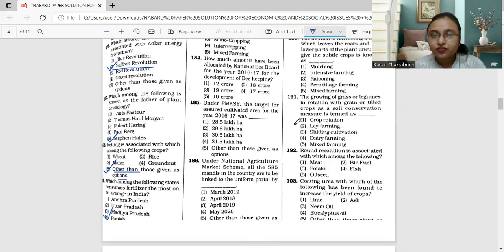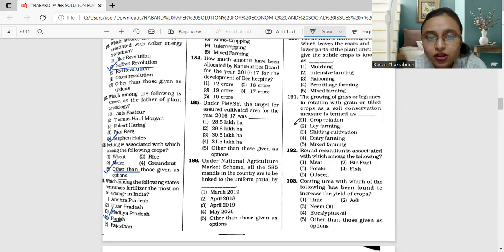Next, question 184. How much amount has been allocated by the National Bee Board for the year 2016-17 for the development of beekeeping? 12 crores, 18 crores, 19 crores, 17 crores, or 10 crores?